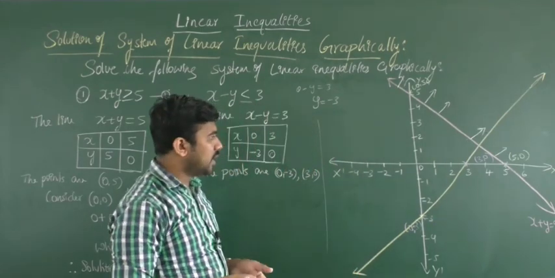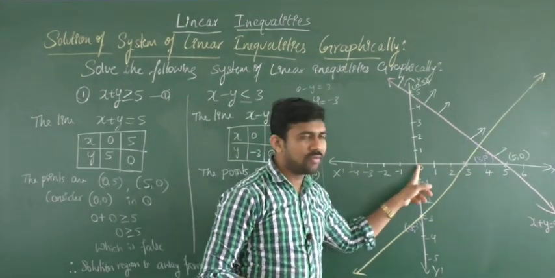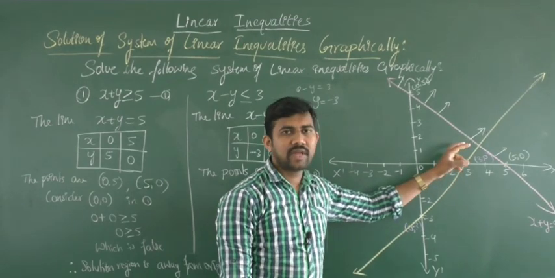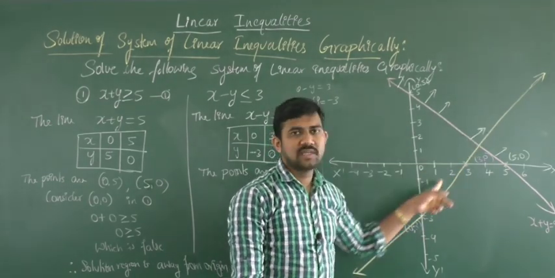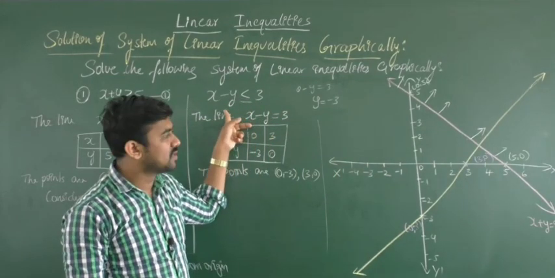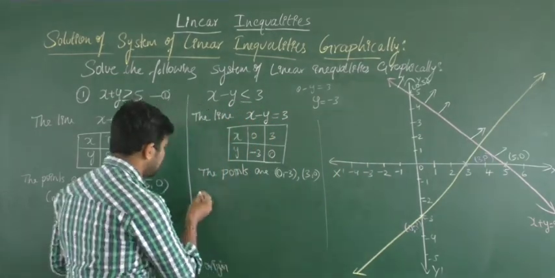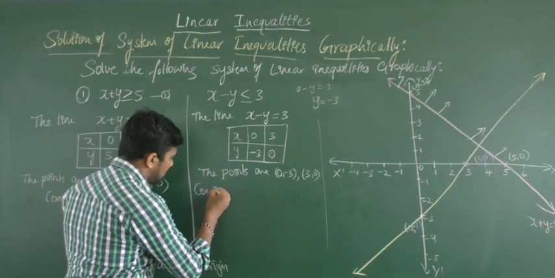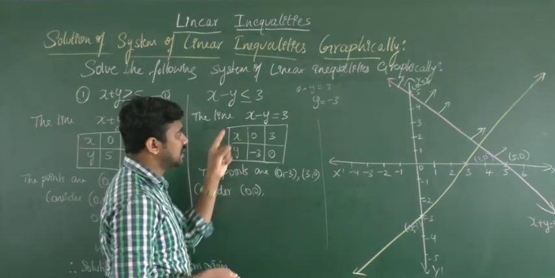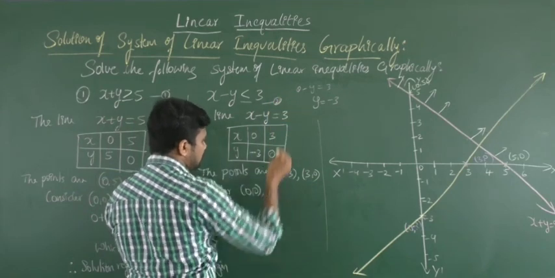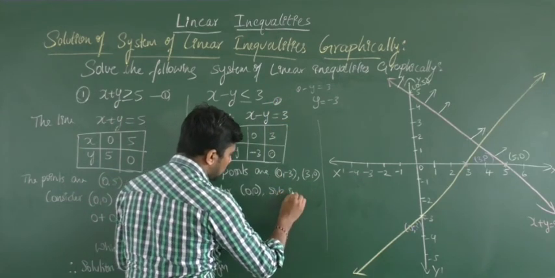After that, again you can observe here origin does not lie on the line. We can consider that point to check the solution region of this inequation. So I'll consider origin. Substitute in equation number 2.